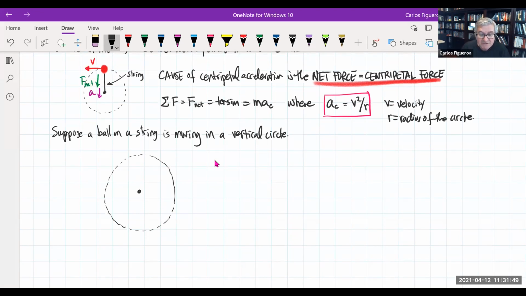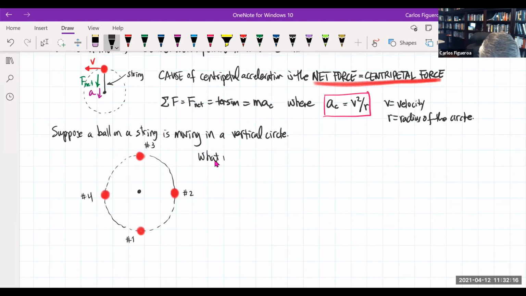And I want to look at this ball at multiple locations. I want to look at the ball right here, right here, right here, and right here. So we'll call this point 1, 2, 3, and 4.